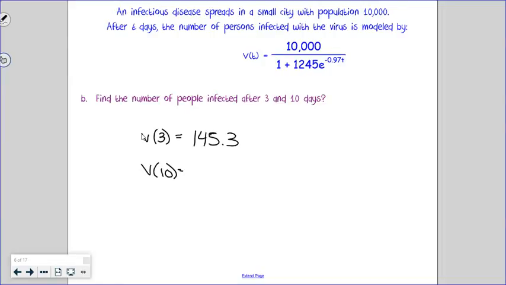How about Nick Peterson? Do you have V of 10? I'm pretty sure I've seen those numbers a couple times today. Those look good. And if you're having any trouble getting those on your calculator, let me know as we go on. I'll come around and help you, make sure we got things typed in correctly.